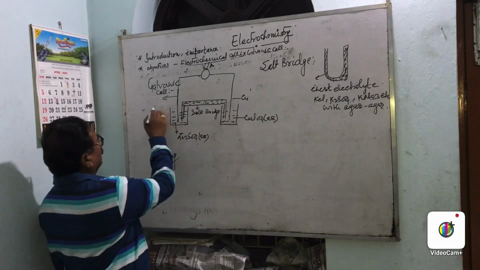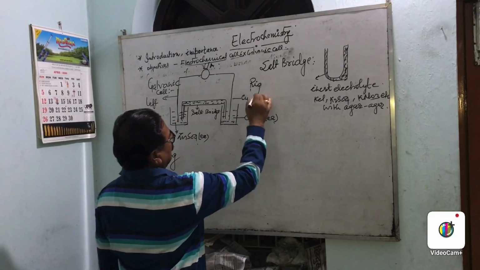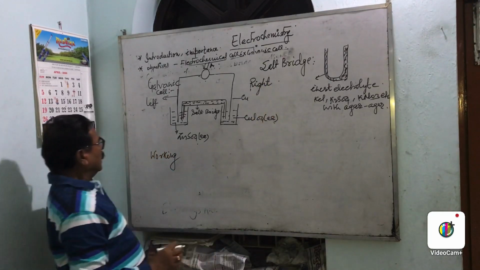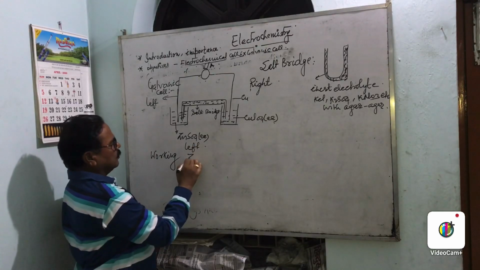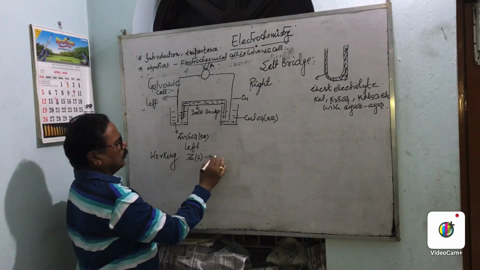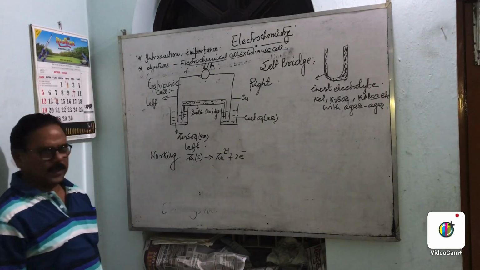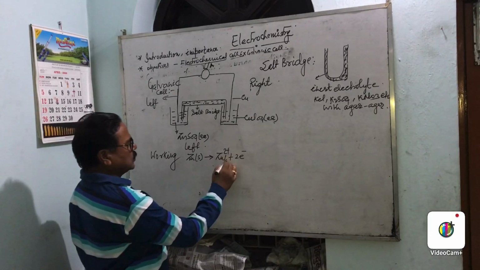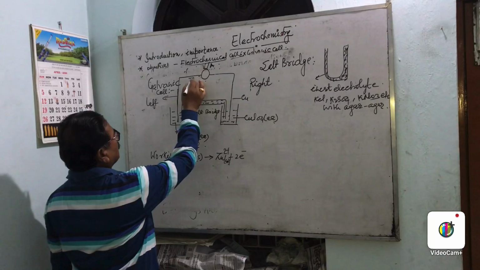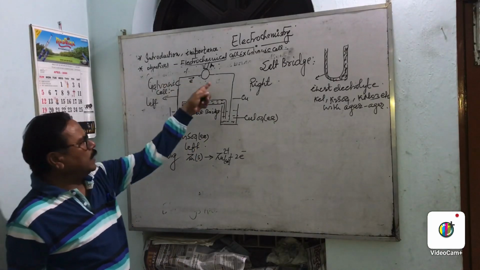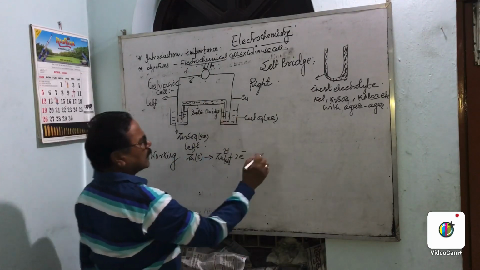Now this is the left side, this is the right side. What happens? On the left side, the zinc metal will lose electrons and get converted into zinc ion. These free electrons travel through the wire and are deposited in the right compartment.